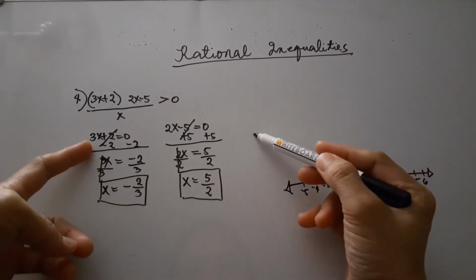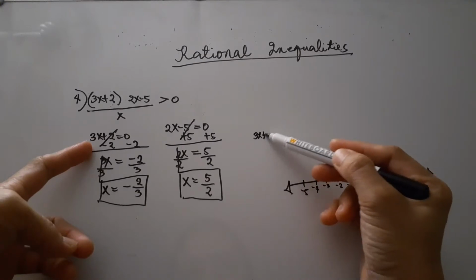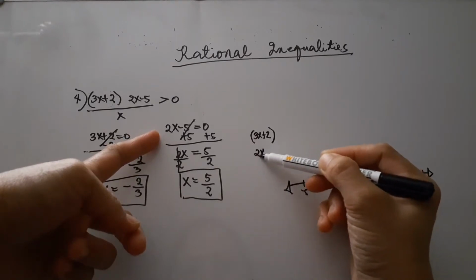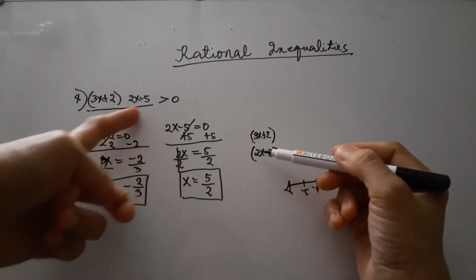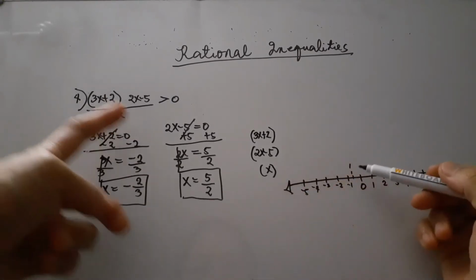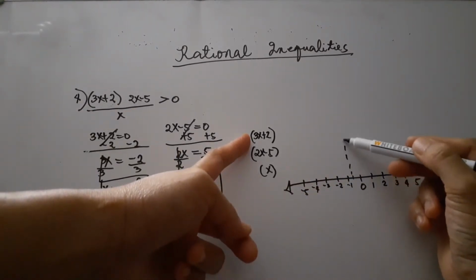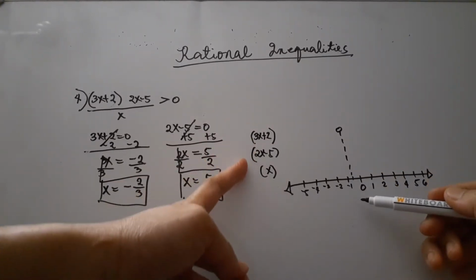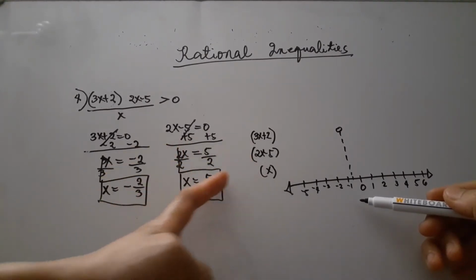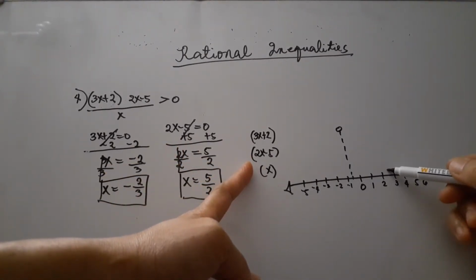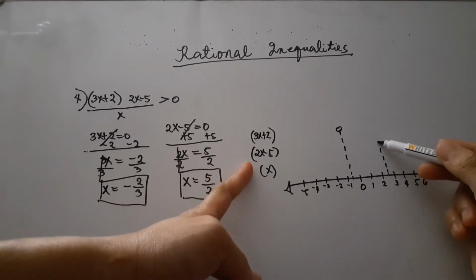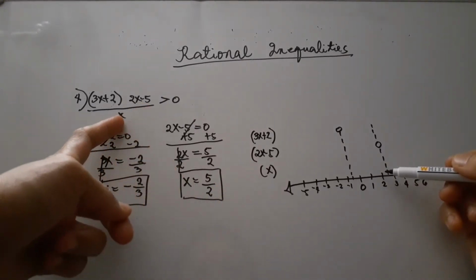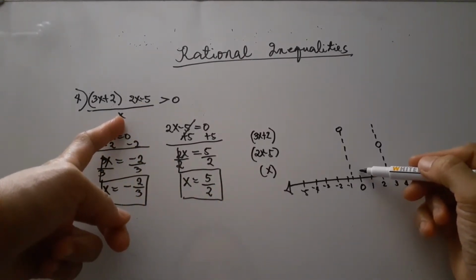We have 3x positive 2 and 2x negative 5 and the denominator, which is negative. And if 3x positive 2 is equal to 0, then it is negative 2/3, so it locates here. Then 2x negative 5 is 0, then it is located here in this section. And then x is equal to 0.